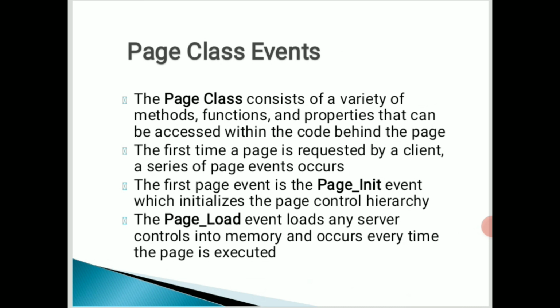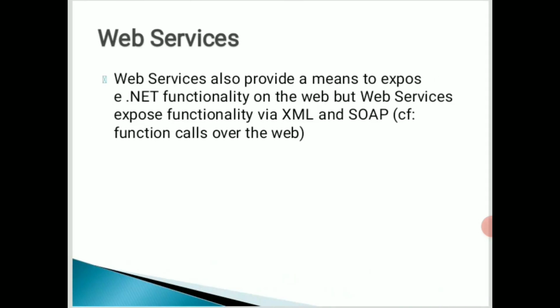The first time the page is requested by a client, a series of page events occur. Web services also provide a means to expose .NET functionality on the web, but web services expose functionality via XML and SOAP.